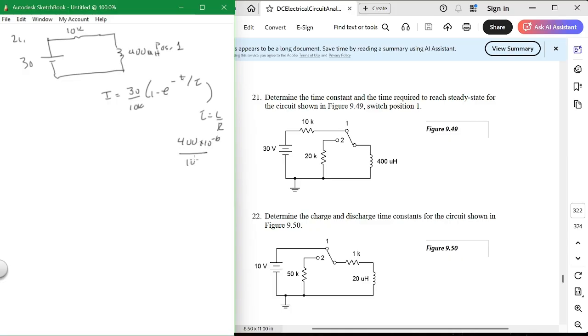R is 10 to the 4th. So what would be tau? What is tau? 400 times 10 to the minus 10th. Quick. Okay, so does that make sense?